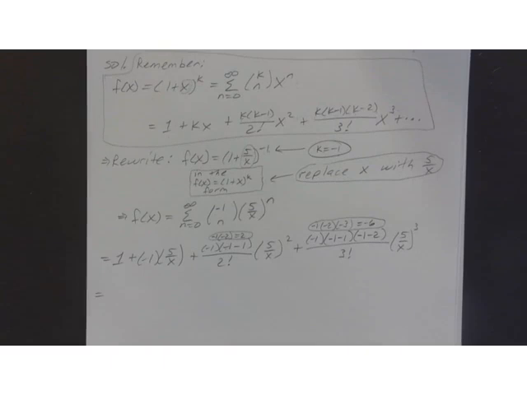So if we rewrite each term, we have 1 minus 5 over x plus 2 divided by 2 factorial times 5 over x squared is just 5 squared over x squared.